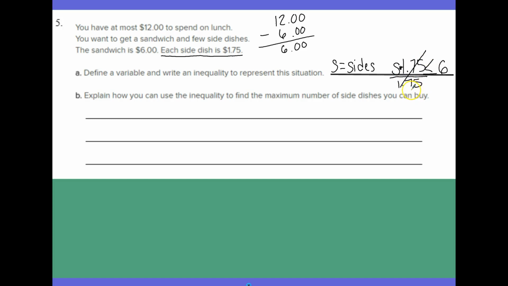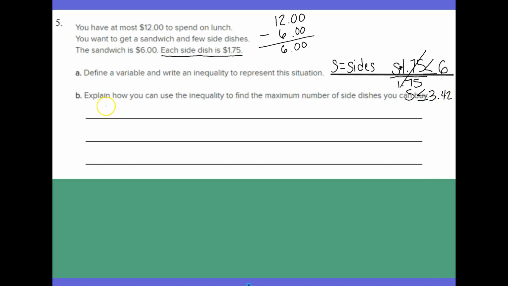So S is going to be less than or equal to 3.42, okay? This is the amount of sides, I should say. So I can't get 0.42 of a side, so I'm going to say that I can buy 3 or fewer sides, okay?